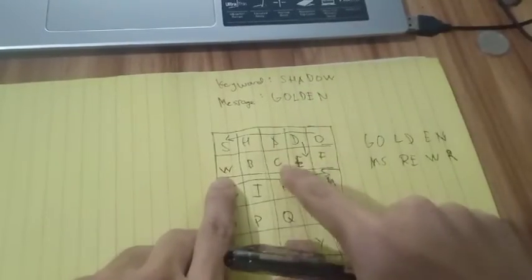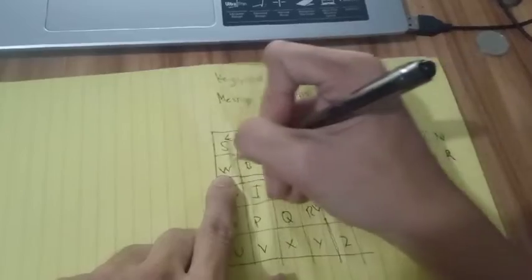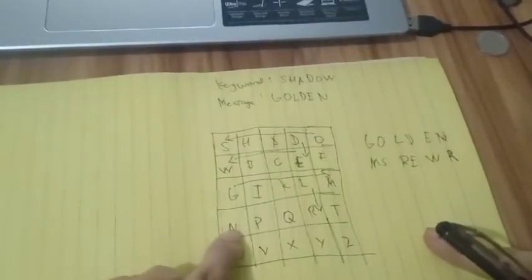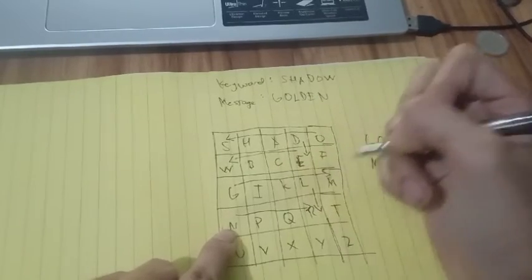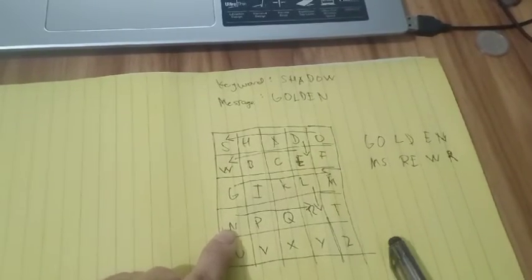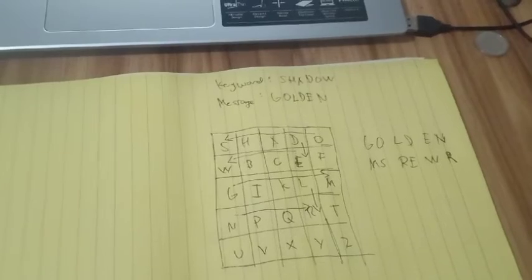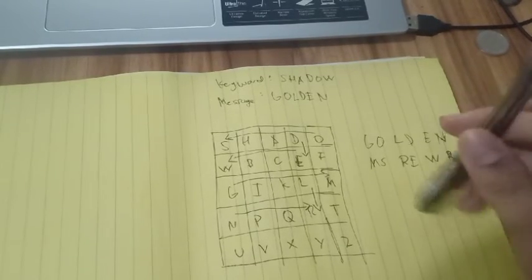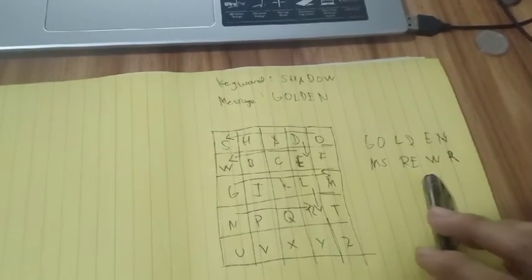So E will be W and N will be R. That's all. So this is our code, MSREWR.